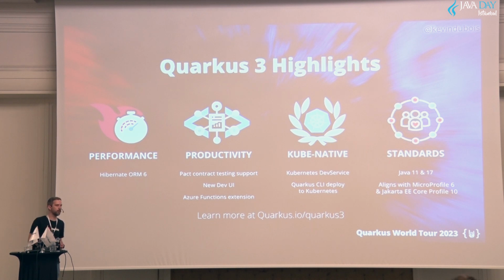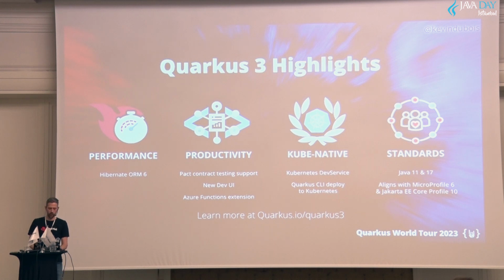It's updated to Hibernate 6. We got even more productivity components: there's an Azure Functions extension, there's contract testing support, MicroProfile 6, and the Quarkus CLI even has some more capabilities.